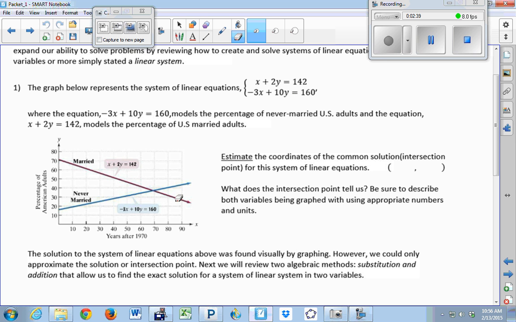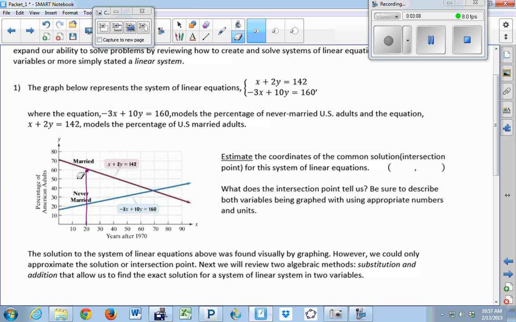The red line is the model for the equation x plus 2y equals 142. This represents the percentage of people in the United States that are married years after 1970. So if we were looking right here at this point, that would be roughly 1990, there was roughly 60% of the US adult population was married.